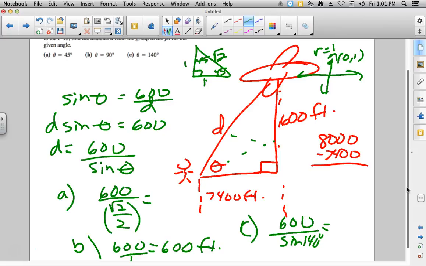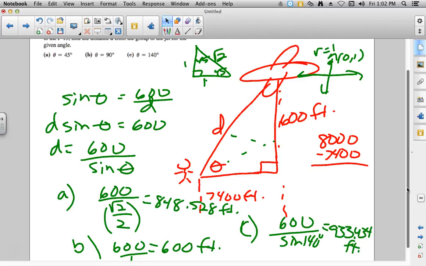So let me get the answer to A here. 600 divided by (square root of 2) divided by 2, and that is 848.528 feet. And then 600 divided by the sine of 140 is 933.434 feet for that one.